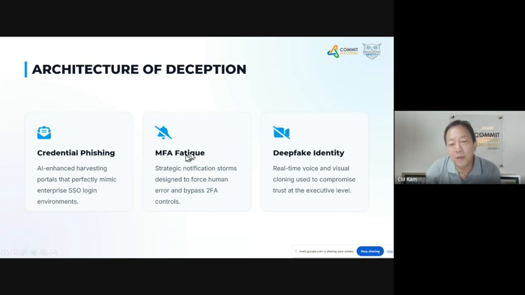Right, MFA fatigue. This is another area where a lot of organizations I've spoken to tell us, look, we have multi-factor authentication. Multi-factor is basically a second or third factor, depending on how you implement it, right? What it does is you're supposed to do an approval, maybe like your banking transaction or whatever, where you actually need to approve it.